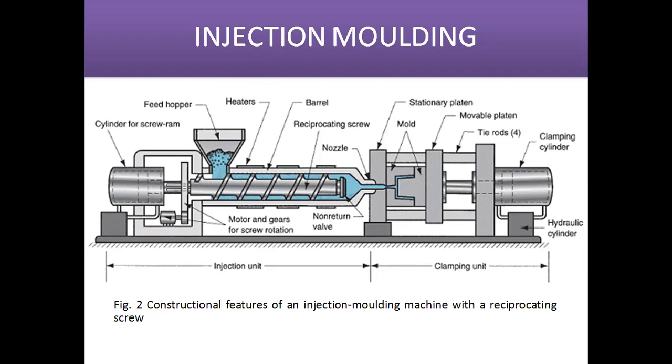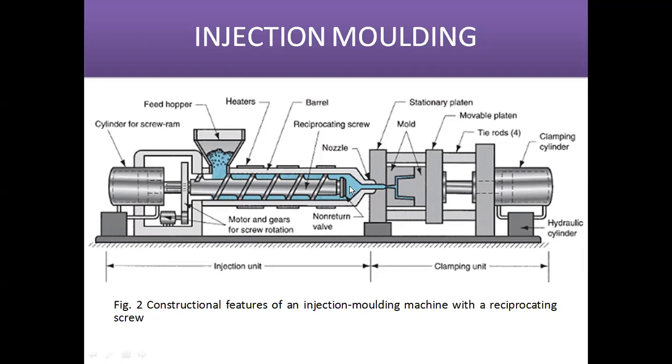When the reciprocating screw rotates in the clockwise direction, it moves in the forward direction, and it applies force on the softened plastic materials, and the plastic material passes through this nozzle into the mold cavity.